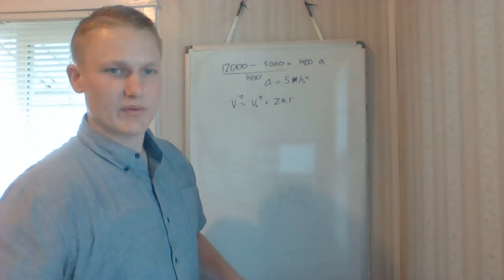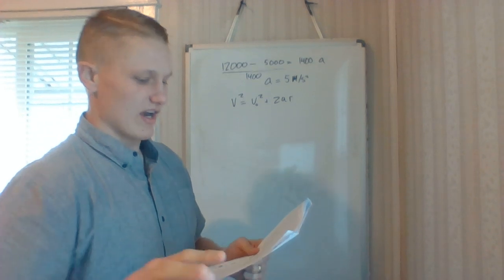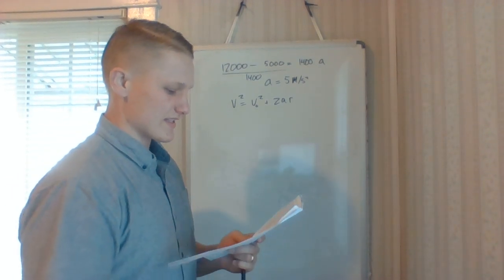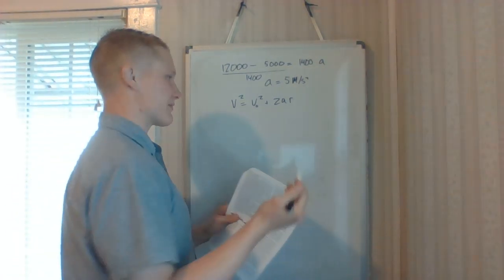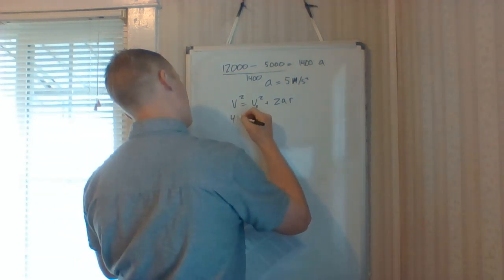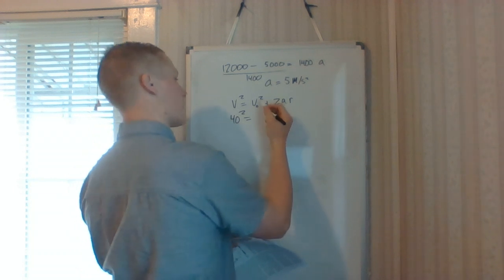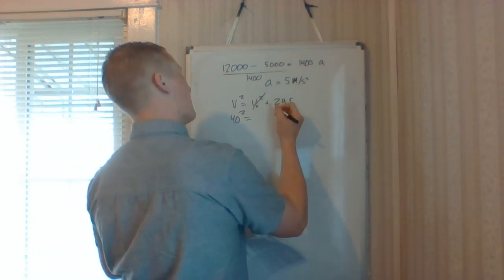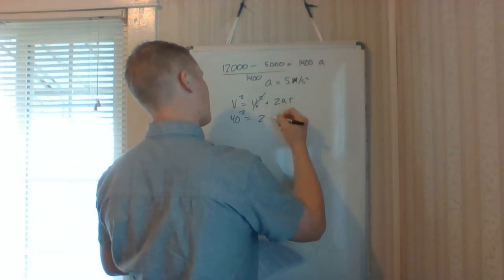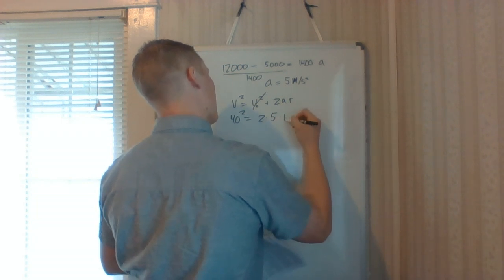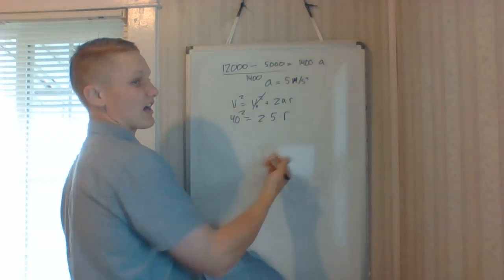Let me back up here 1 second. That's right. So question A, it says you need a speed of 40 meters per second. So our final velocity would be 40, and then squared equals your initial velocity is 0, so that term just drops, plus 2 times our acceleration, which is 5, times r, or our position, or how much runway you need.